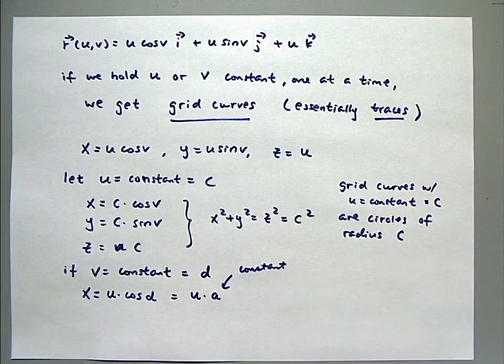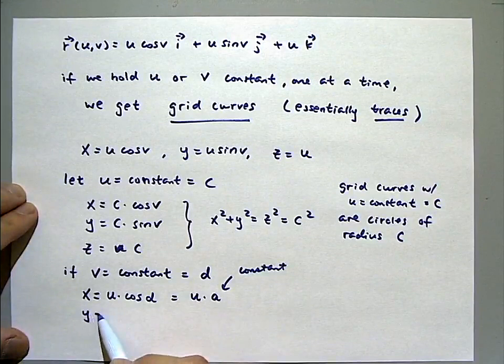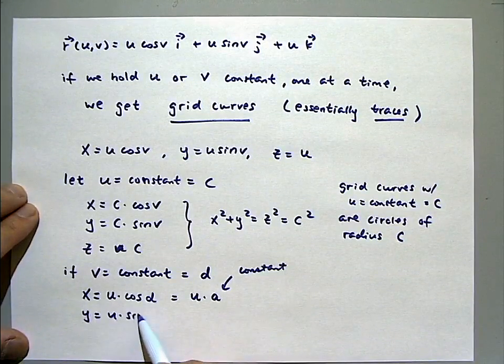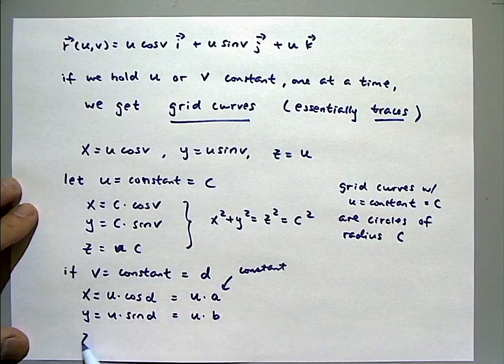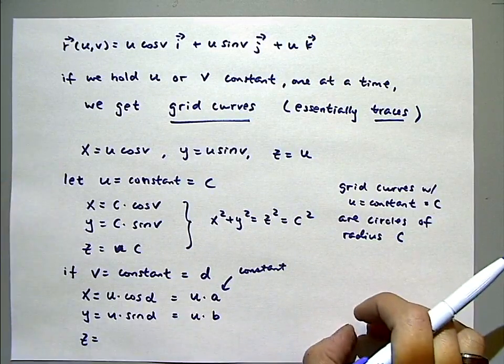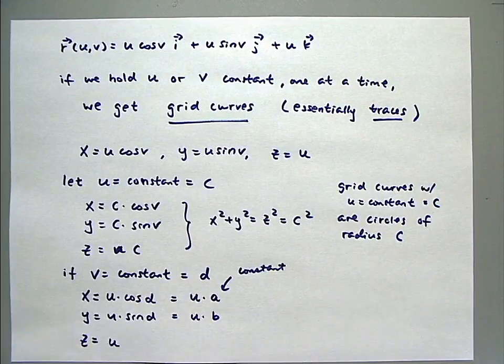Because d is a constant, cosine of d is a constant, and to make it concise, I'm just going to call it a, which is another constant. Same thing with y. If v is a constant, which is d, then this is equivalent to u times b, where b is some other constant. And notice that z is unaffected by the fact that we let v be a constant.